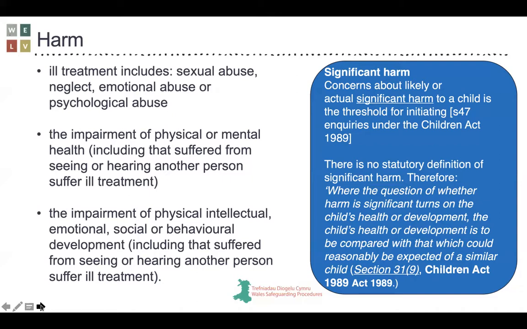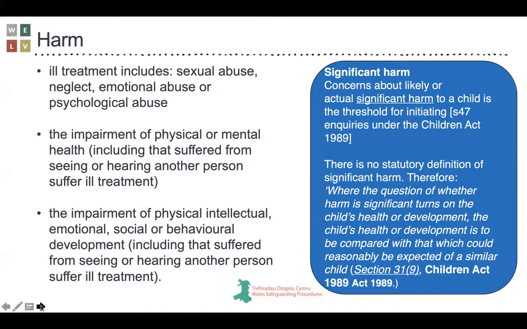Within these safeguarding procedures, we will still be operating to the duties set out under Section 47 of the Children Act 1989, which states that if we have concerns about likely or actual significant harm to a child, then we are required to initiate Section 47 inquiries, which will be covered in one of the later videos.